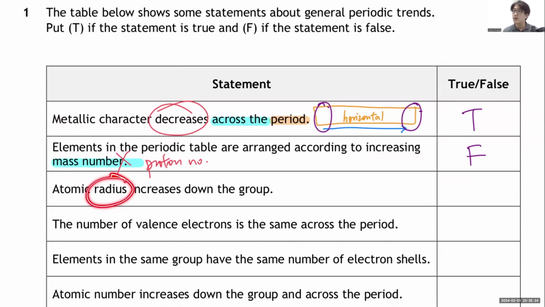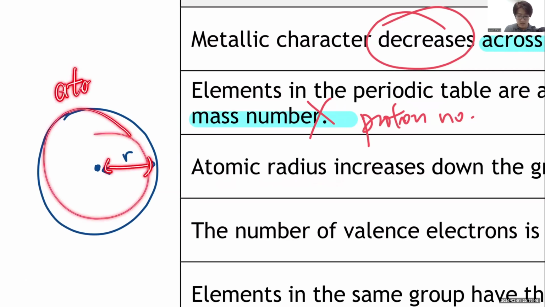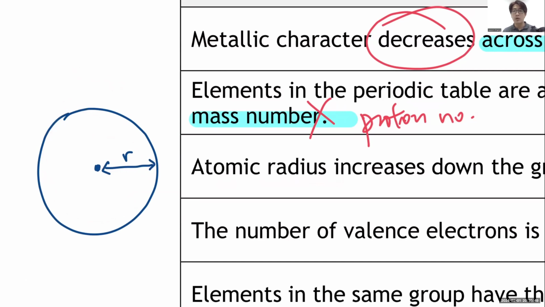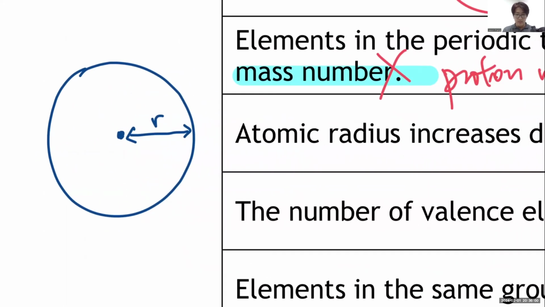What is radius? What does radius mean? The math thing, isn't it? Radius is... right. So atomic radius is the radius of the atom. So in a way, you can think of it as size. So does the atom increase in size down the group? Very simple. You know onion?